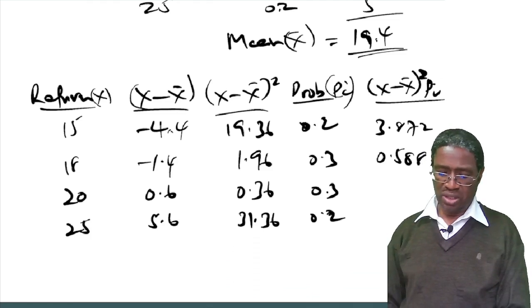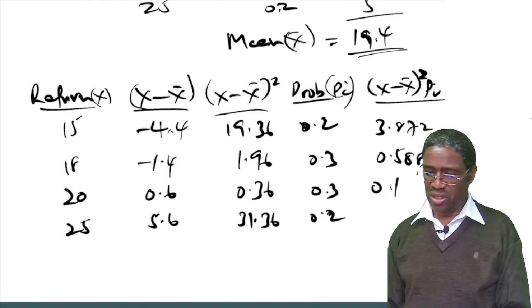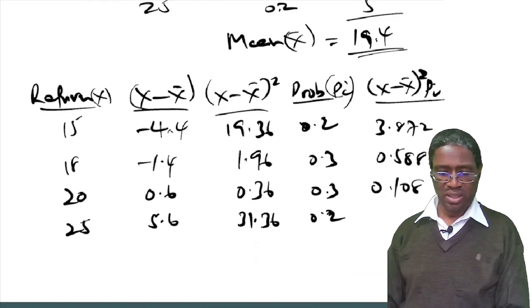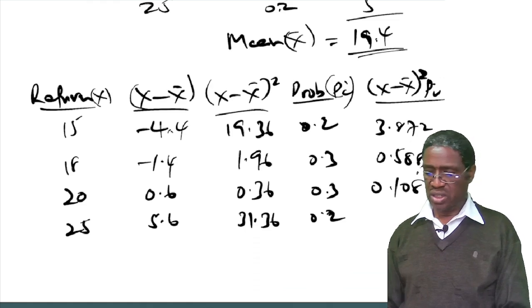Next one, 0.36 times 0.3 is 0.108. Finally, 31.36 times 0.2 is 6.272.